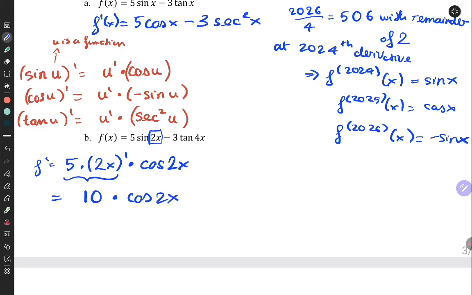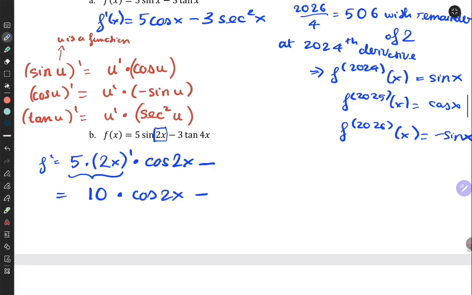Can you try that for the second term with the tangent? Try it again with the formula right here. U in this case is going to be 4x.